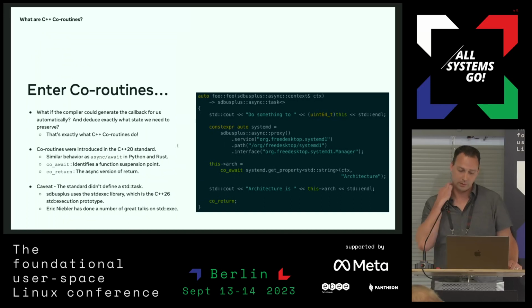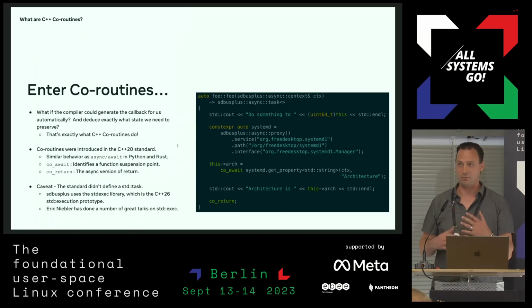So we can call systemd.getProperty with the architecture, and we can co_await on that. What that means is that when our code gets to this point, it's going to do the dbus magic to go over to that other process, and the compiler will have put in magic to suspend this code until the dbus callback comes back, and then through compiler magic it will resume.